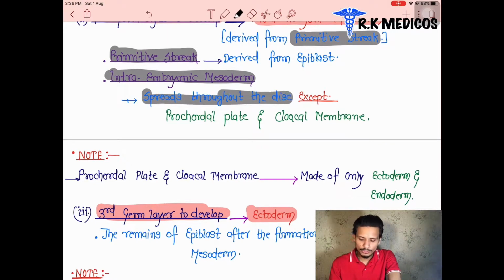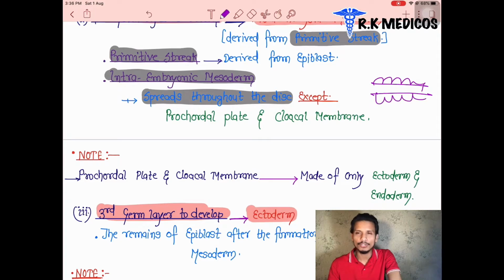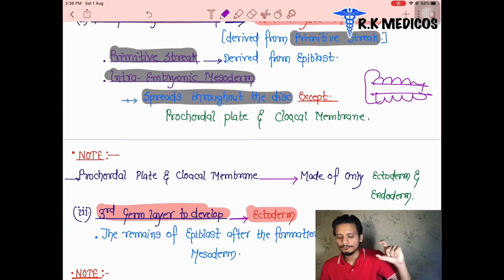This whole structure, the epiblast and hypoblast, is called the bilaminar disc. I told you these are two layers of cells, hypoblast and epiblast, and they are present in a laminar manner. That's why they are called the bilaminar disc.